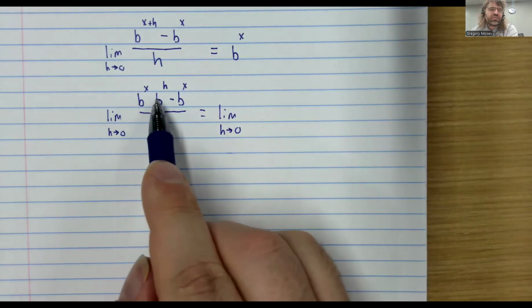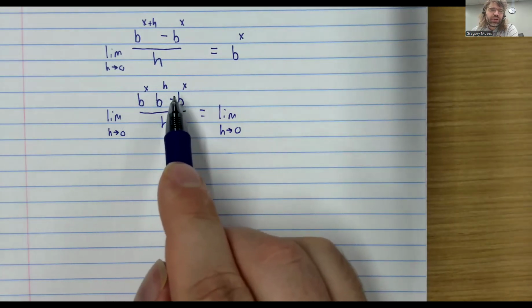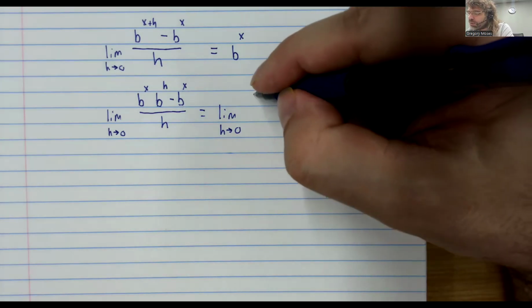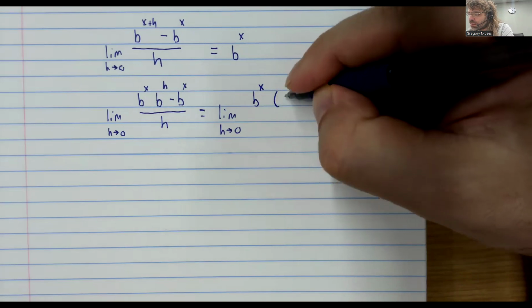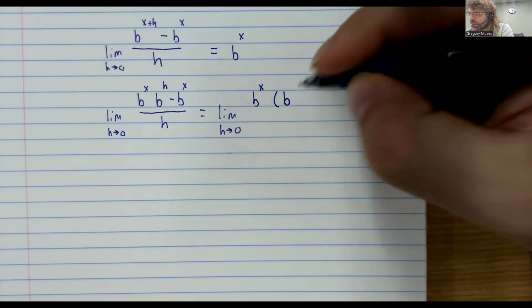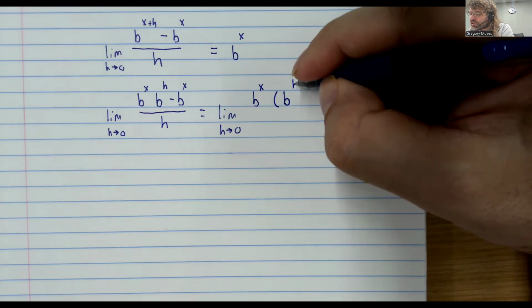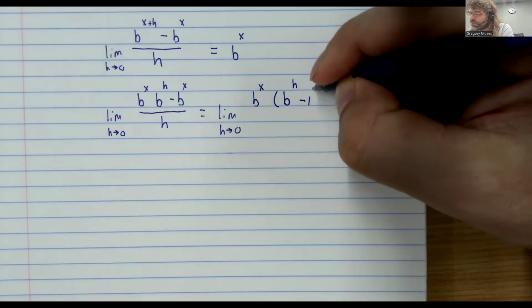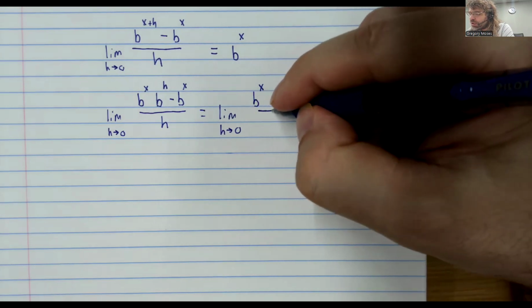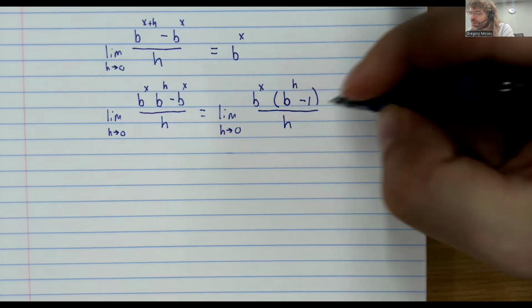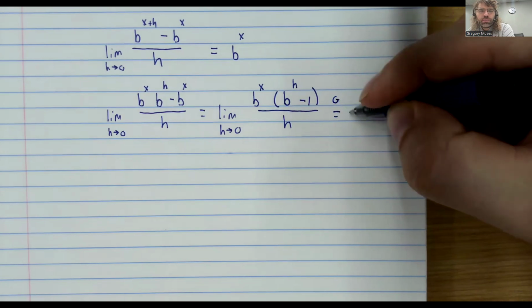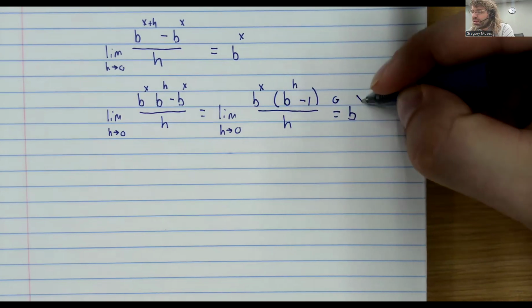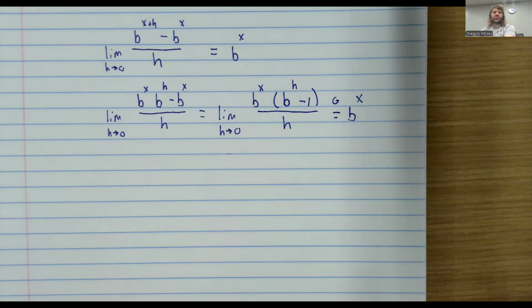We've got a b of x in front of the b of h, and then we've got a b of x by itself. And that gives us b of h minus 1 all divided by h. And again, our goal is for this to be b of x.